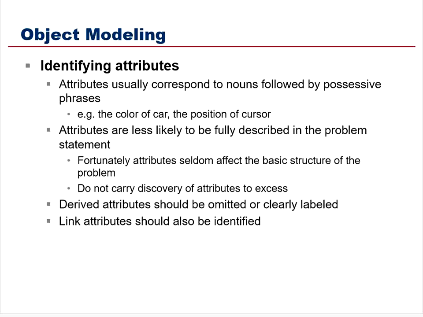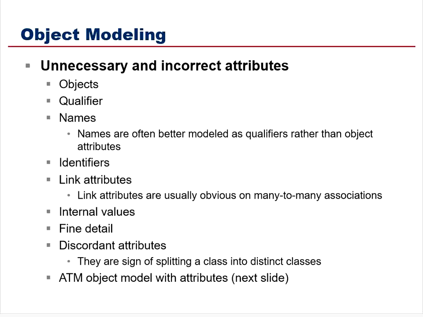Next, how can we identify the unnecessary and incorrect attributes? Just as we identified unnecessary and incorrect classes and incorrect associations, we have to find the unnecessary and incorrect attributes. These include object qualifiers, names, identifiers, link attributes, internal values, fine details, and discordant attributes. We will see this on the next slide.